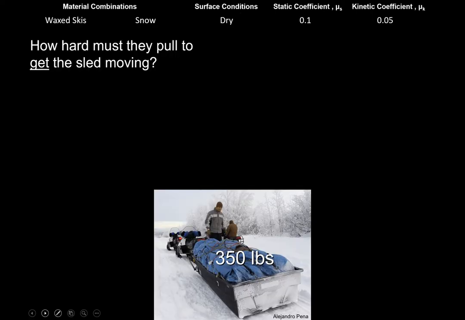Now, we have: how hard must you pull to get the sled to move? So our materials, we have waxed skis and snow. This is dry, static is 0.1, kinetic coefficient is 0.05. So if we were looking at your static friction, we have 350 pounds.